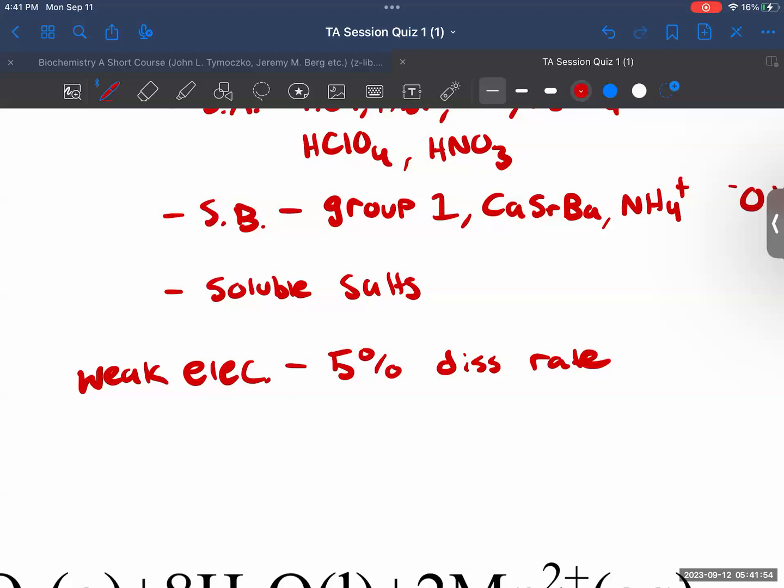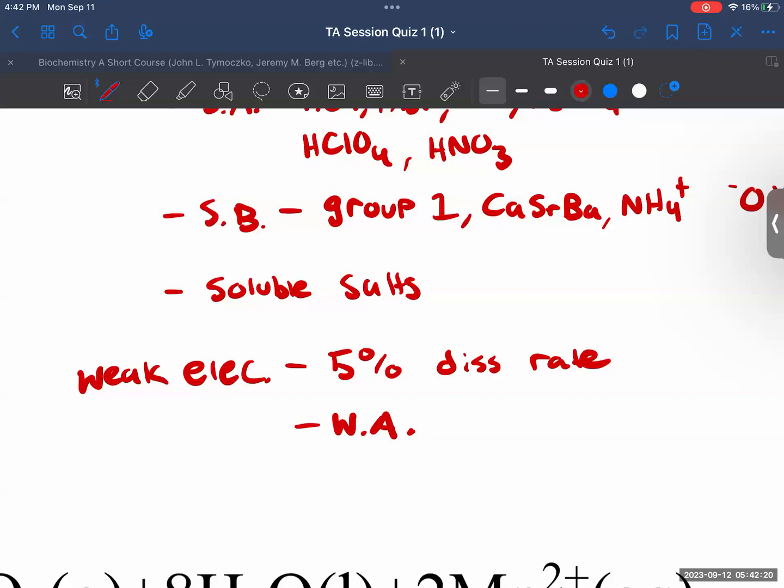I'm not going to list out every weak acid because there are thousands of them. But if it's not one of those 6 strong acids, it's automatically a weak acid. You ask yourself, is it one of those 6? If the answer is no, then it's a weak acid, which means it's a weak electrolyte. Abbreviated WA to save some time.